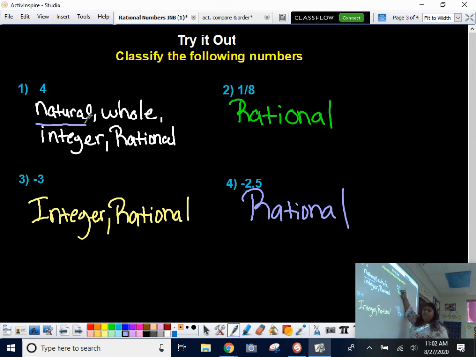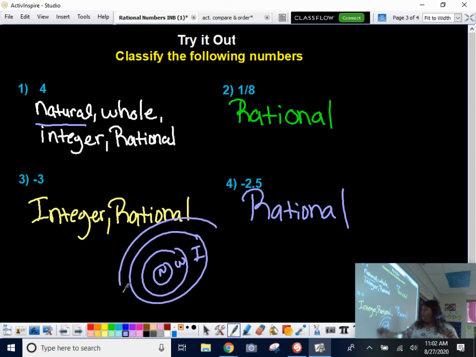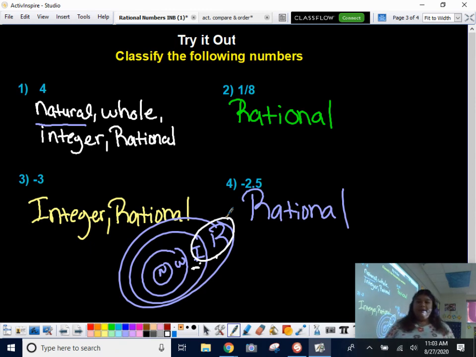Okay, fraction, it's a rational, can't be anything inside, it's on the outside. -3, if you look at your circle, there's the naturals, there's the whole, there's the integer, there's the rational number. If you look, the integer is right here. So it's an integer, it's a rational number, so it's going out the circle. That's what I mean, okay? So it's both of those, okay? And then number 4 is just rational, right?